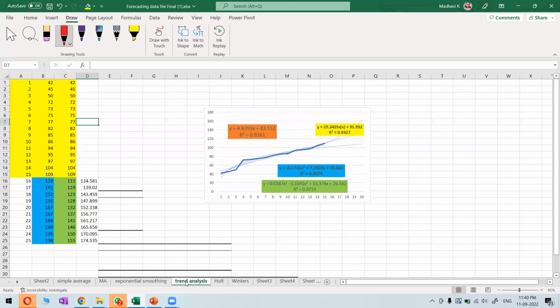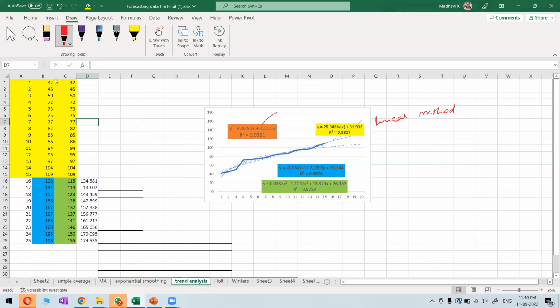Next comes the trend analysis. This is nothing but the regression model that we have taken previously. Based on the observation, we are going to plot a graph in linear method. Using the x and y coordinates, we are going to plot a graph, and then we are using this equation.